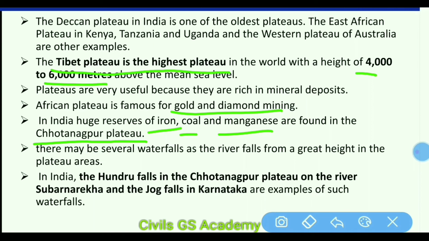In India, Hundru Fall in Chota Nagpur Plateau on river Subarnarekha and Jog Fall in Karnataka are examples of such waterfalls. So these two facts are very important.